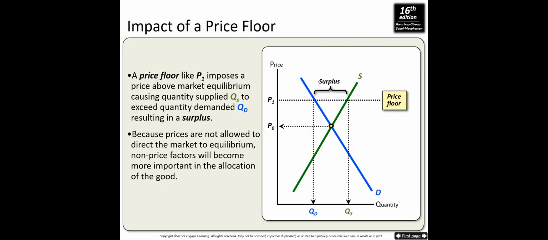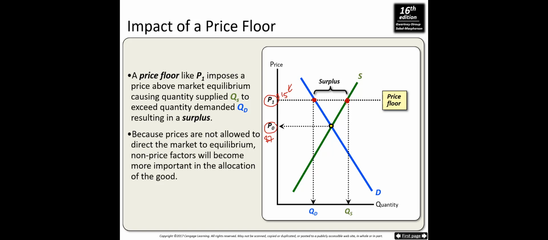Let's see this example. Let's say here P1 is $15 an hour and P0 is $7 an hour. Okay? So this is the case for any state in the United States. So if P1, for low-skilled labor, the government imposes $15 an hour, look what happens. The quantity demanded is here. That means this is the businesses that are looking for labor, and here is the supply of labor.